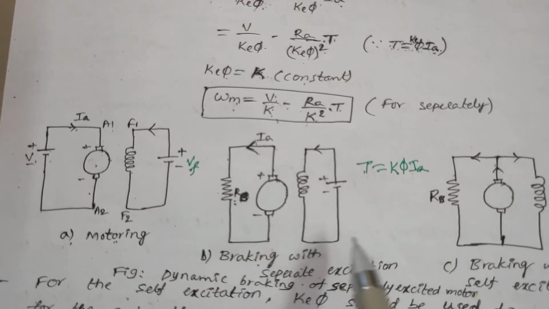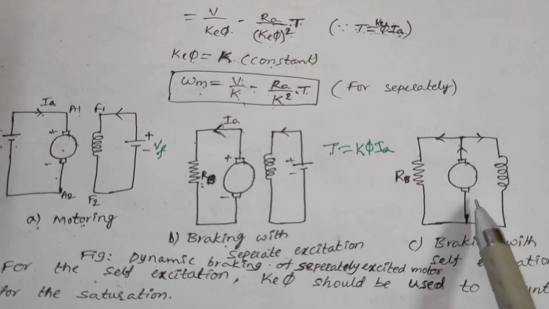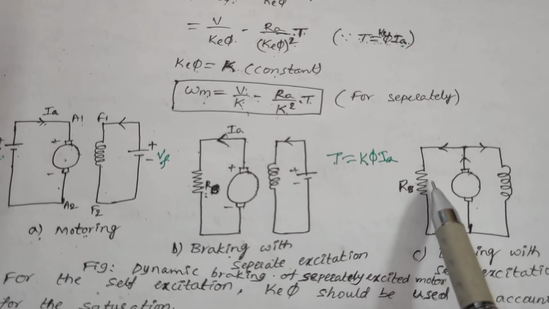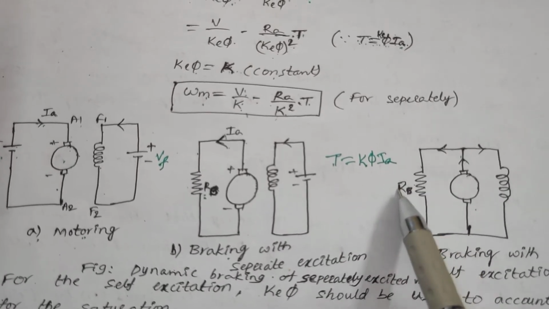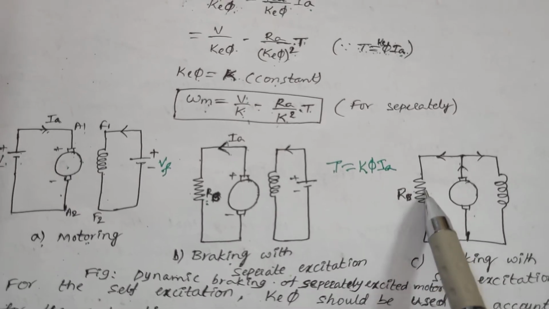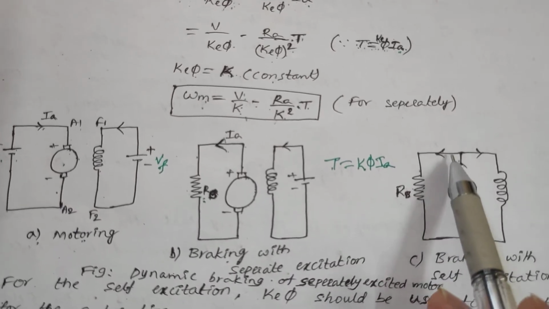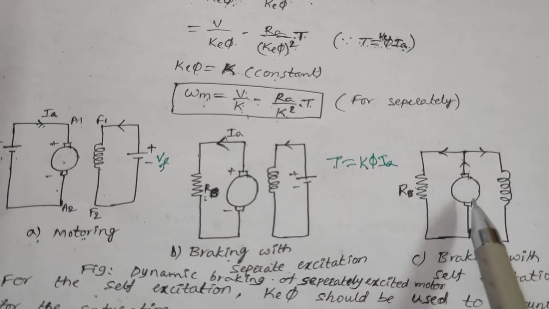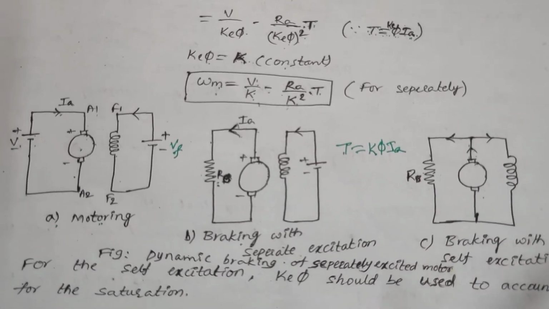If it is a shunt motor, again in a similar way, the voltage source is replaced with the dynamic resistance, and the current will get reversed as it is generating operation.